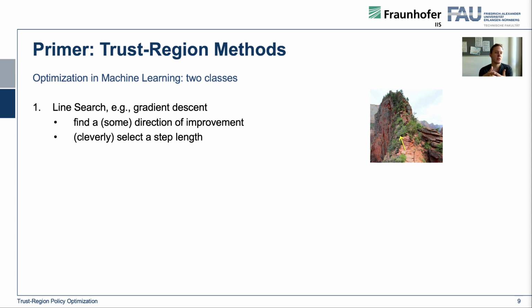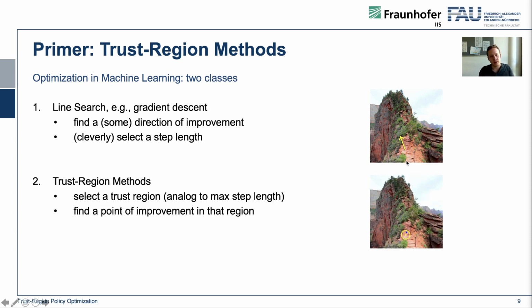Then you cleverly select a step length, and you update your parameters so that they follow the gradient with respect to your step length. This is what you're doing in gradient descent. There is a whole bunch of literature on how to select a good step size and a good direction. You can look this up in books on convex optimization. Gradient descent is the workhorse that you use in machine learning.